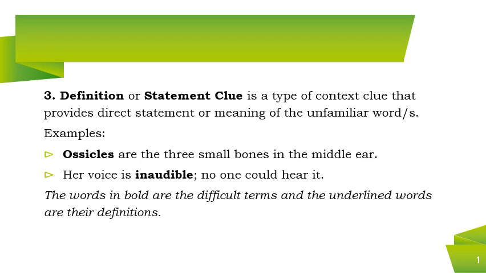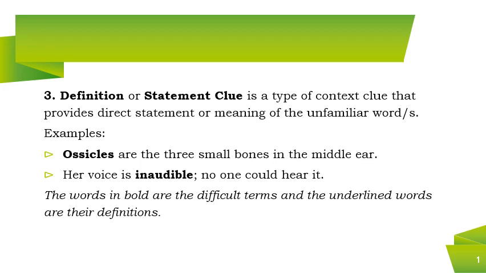Now, let's go to the third one, which is the definition or statement clue. It is a type of context clue that provides a direct statement or meaning of the unfamiliar word. So the meaning and the definition is already there in the sentence. In the first example, we have: ossicles are the three small bones in the middle ear.